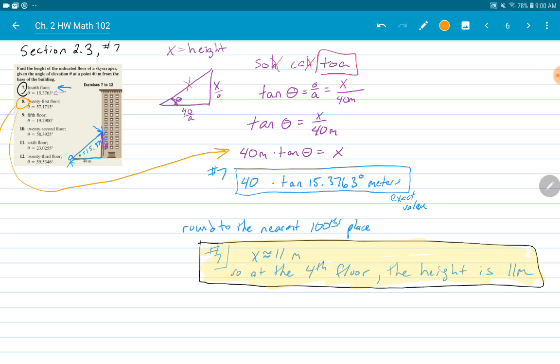So for number 8, I get 40 meters times tangent of that angle, 57.1715 degrees. And that's going to equal the height of the 21st floor. So that same process is going to be applied to all of these problems.